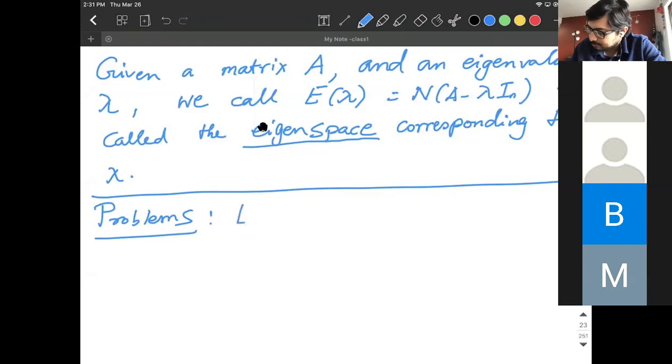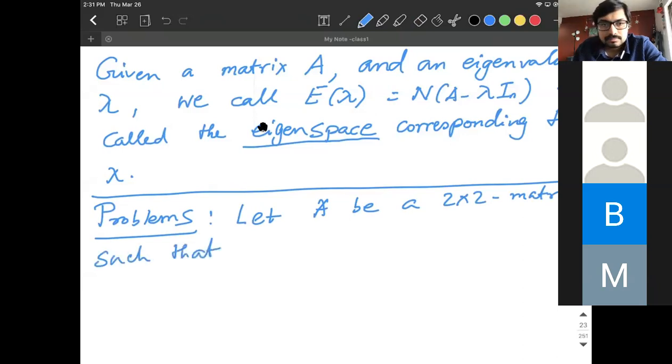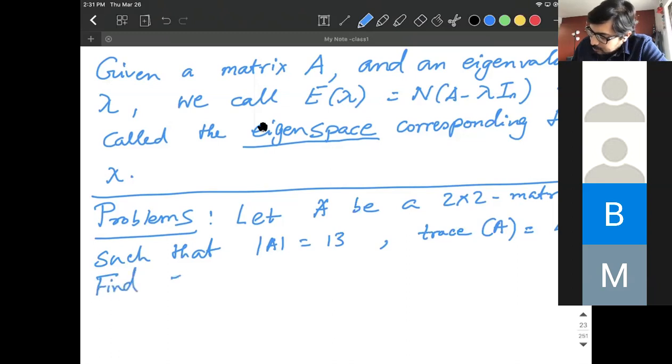So let A be a 2 cross 2 matrix such that you are given that the determinant of A is 13 and the trace of A is 4. Okay, now find the eigenvalues of A.